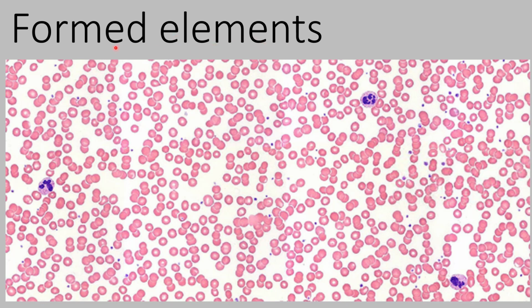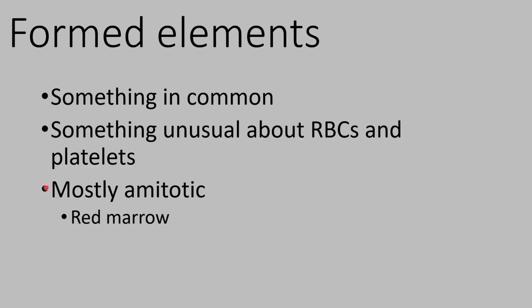The formed elements are the parts of blood that are cellular in origin. Notice I did not say they are cells. They are cellular in origin. And as we talk about each of these cell types over the rest of this chapter, we will see what their functions are, what their origins are, and why I did not exactly call them cells.